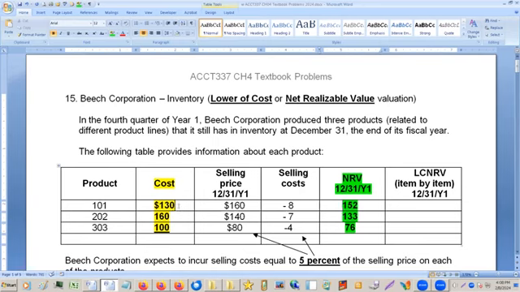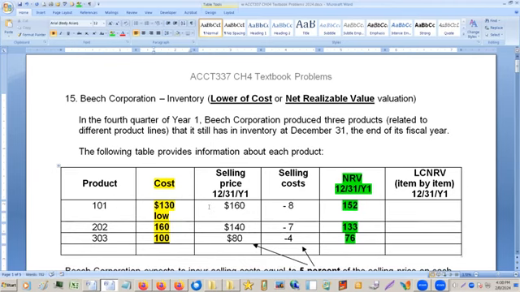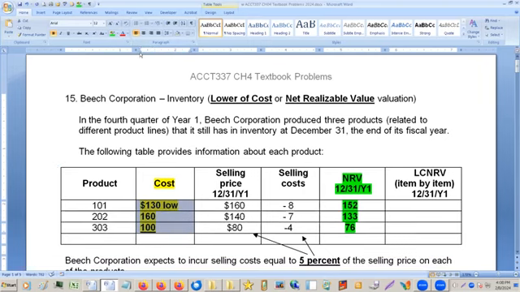Okay, so for the first one, this is lower. So this will be 130. Next one, this will be the low. $133 is lower than the 160, so we'll take that one.